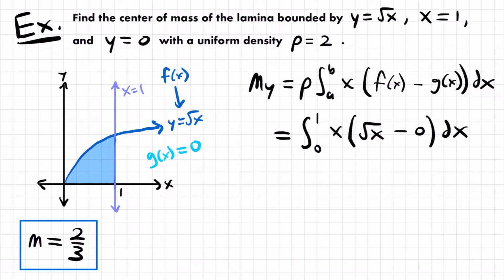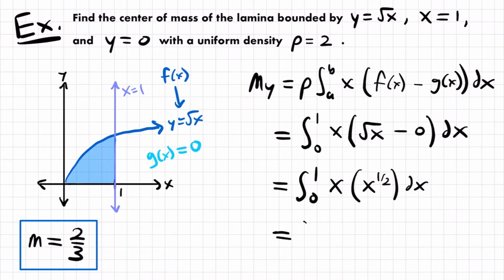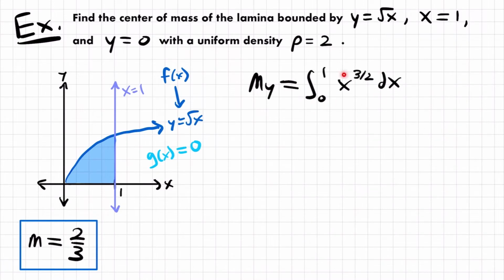And so if we simplify, this is equal to the integral from 0 to 1 of x times the square root of x, which is x to the 1/2 power, times dx. And then if we multiply x times x to the 1/2 power, we add the exponents, so 1 plus 1/2 is equal to 3/2, and so this is equal to the integral from 0 to 1 of x to the 3/2 power times dx.